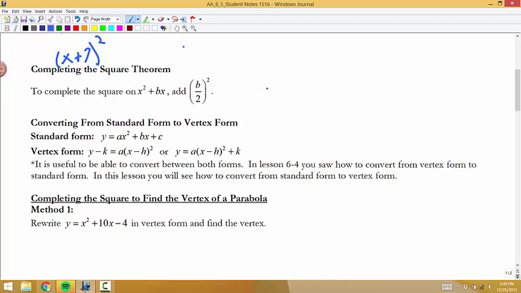So if I have something like x squared plus 12x, we take half of this middle term, which is 6, and square it, which is 36, and we have a perfect square trinomial, which I could then write as (x plus 6) squared, using the binomial square theorem.